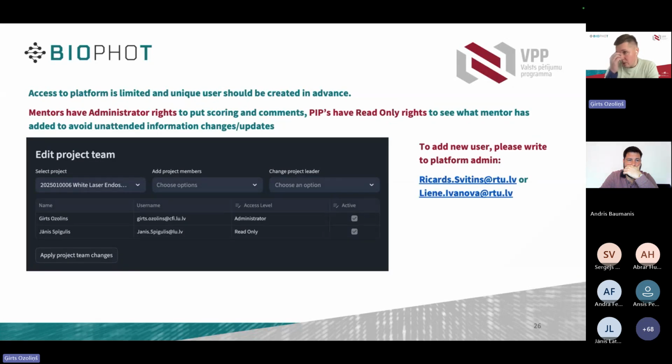As I mentioned, mentors will have administrator rights, but research teams have read-only rights. If you need more than one person, I would say the main person of the project is enough, because you don't need to check it every day.